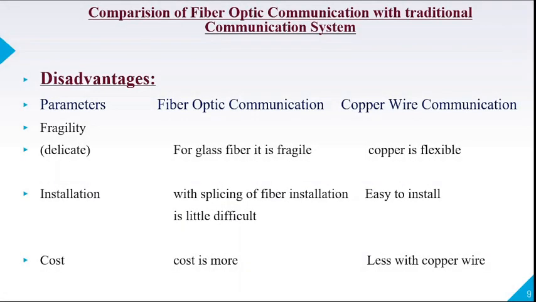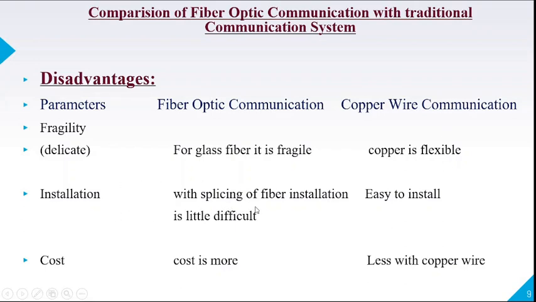Now every system has advantages as well as disadvantages. Now we will see the disadvantages of optical fiber communication system compared with the traditional communication system. These are the three parameters. Fragility means delicate. Glass fiber is fragile. Copper is flexible.